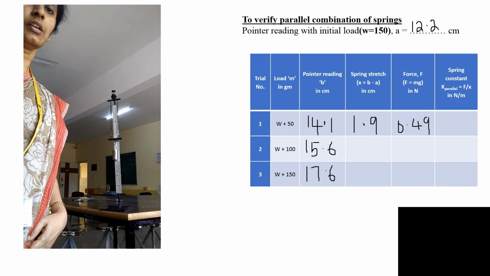So 0.49 divided by 1.9 multiplied by 10 raised to minus 2 comes out to be 25.78. Similarly, calculate for the other two.